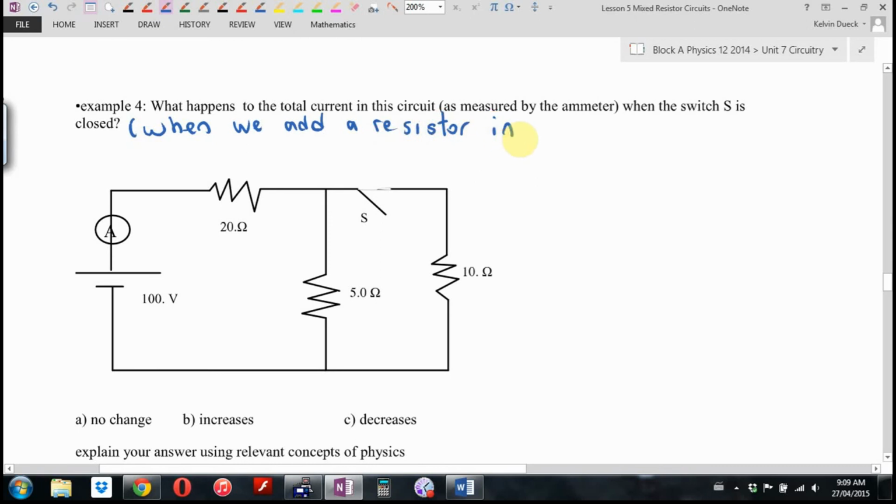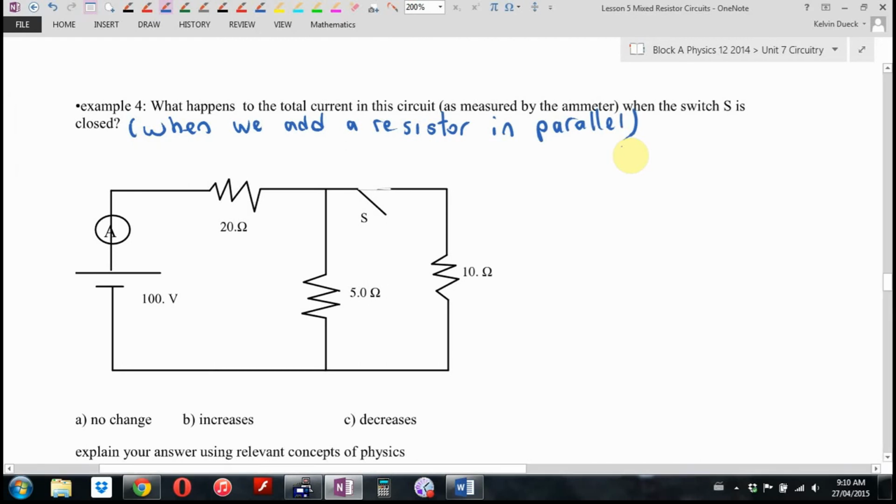When I close that switch and that 10 ohm resistor becomes part of this circuit, is it in parallel or in series? Okay? I'm going to tell you the answer and then we're going to prove it.